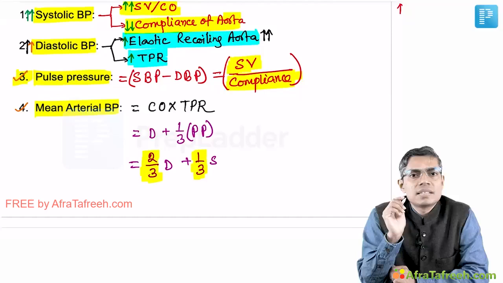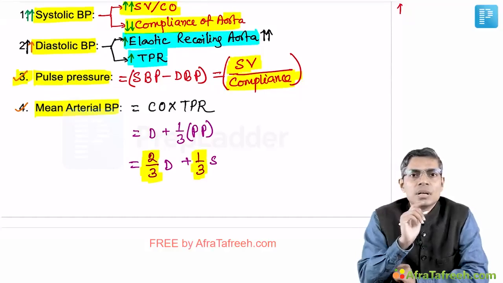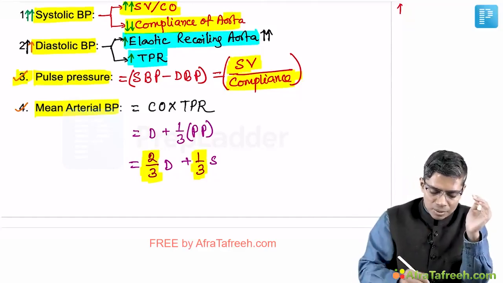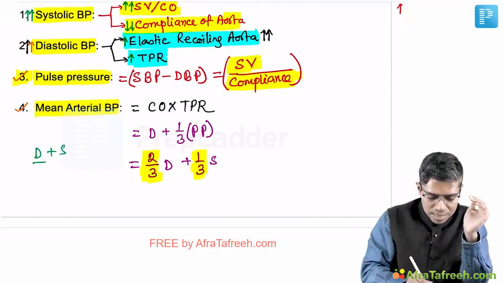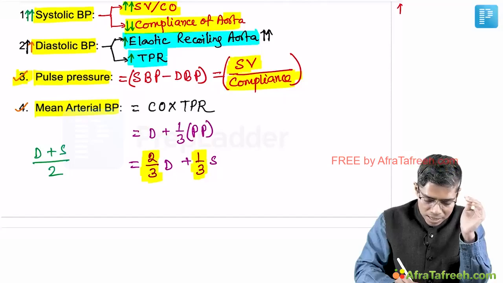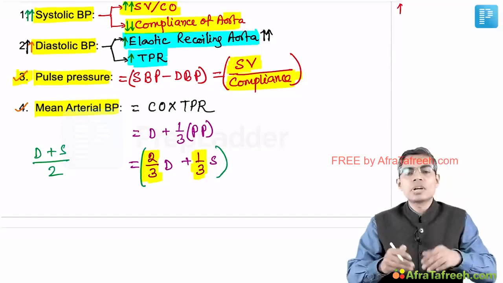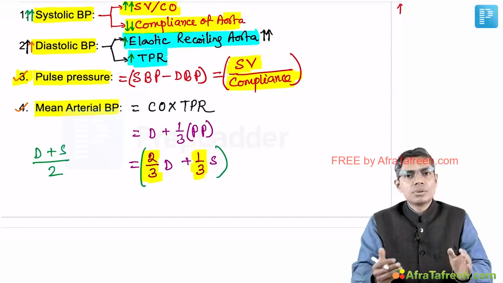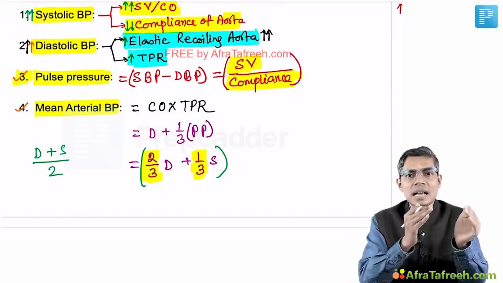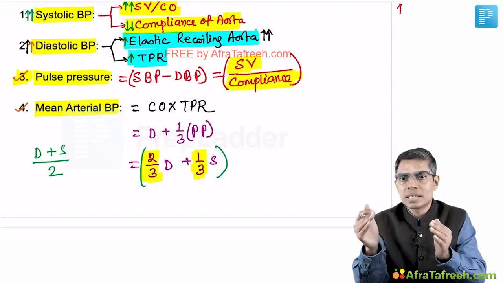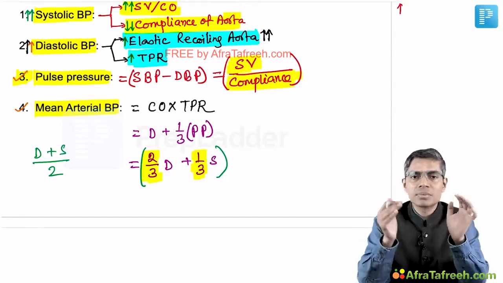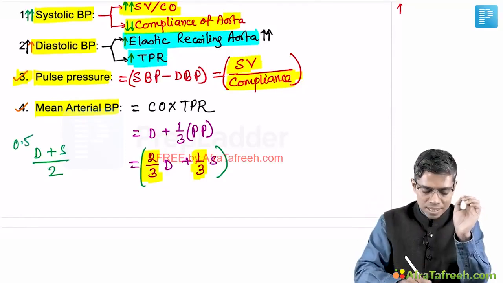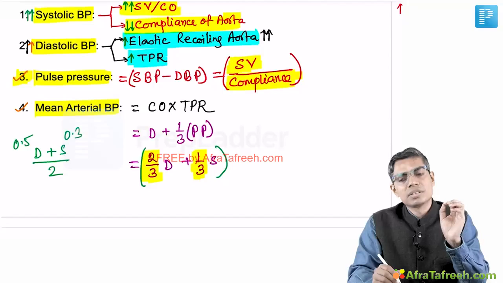Although we are saying it is a mean pressure or an average pressure, we are not taking the simple average, because if you are taking the average of systole and diastole, then it will be D plus S upon 2. But here we are giving more importance to the diastolic blood pressure. Why? Because mean arterial pressure is the average pressure throughout the cardiac cycle. If you look at the duration of the cardiac cycle, the diastolic duration is more, 0.5 second, and systolic duration is 0.3.